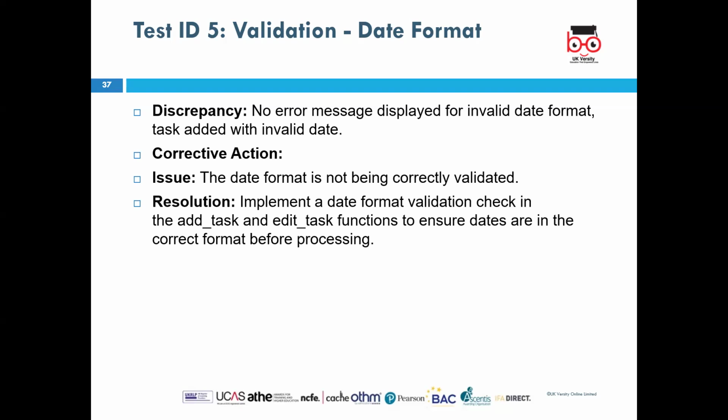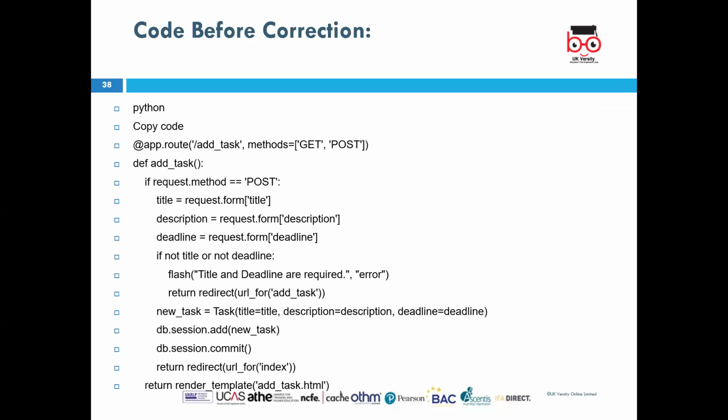We now know that the issue is that the date format is not being correctly validated. So the solution is to implement a date format validation, which you check in the add task and edit task functions to ensure that the dates are in the correct format before processing. So here's how our function is now going to be.